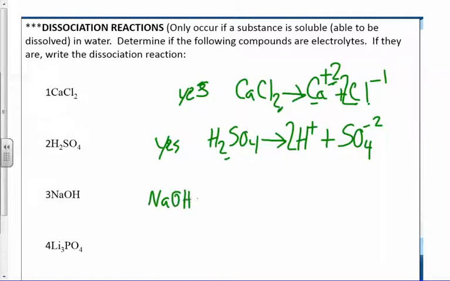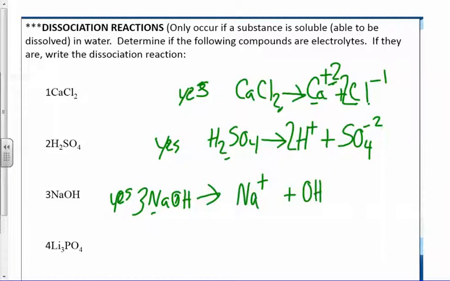Oh, and by the way, we did find out that it is ionic, yes, and it does solubilize, it does dissolve, when hydroxide is combined with our alkali metal. So we're going to write this as NaOH, and we write Na plus, which is the charge on sodium.